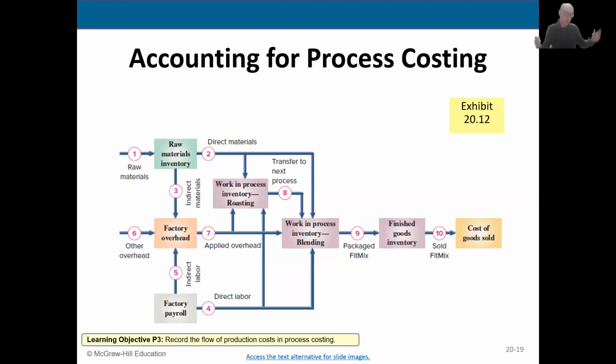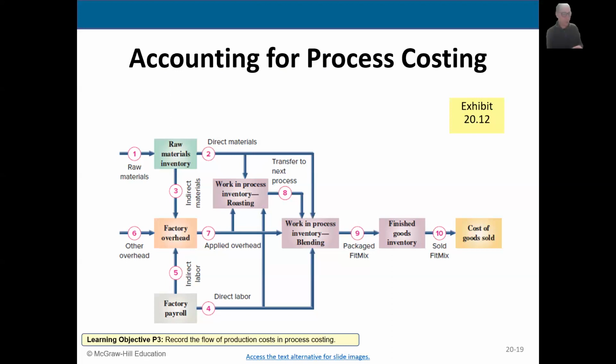Okay. We do this, of course, in steps. First is raw materials, and of course, we're adding in which become direct materials, goes into the first department, which is roasting. We apply direct labor. We apply factory overhead. And then we do the same thing in the next department.